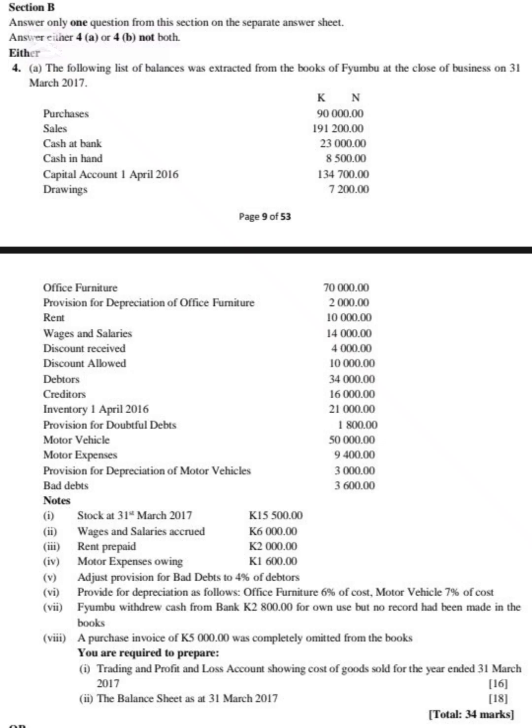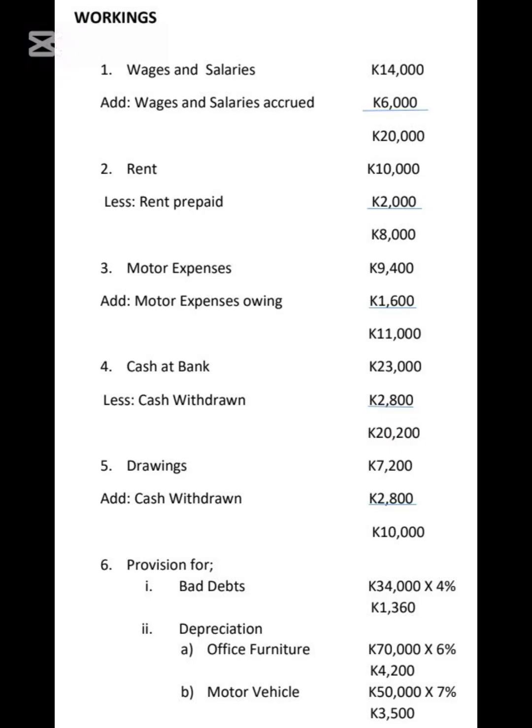So we take the cost of the office furniture times the percentage that we have been given. The cost is 70,000 from the list of balances times the 6%, which should give us 4,200 kwacha as our current provision for depreciation on office furniture.